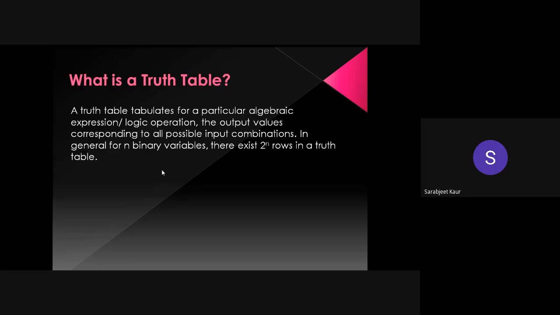On the input side, it will show me the combination of all possible values that those variables can take, and on the output side, it will show me the output corresponding to those input combinations which the logic gate will give me. Now we will see this in a while.